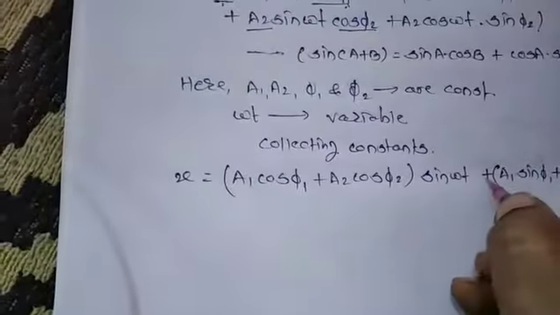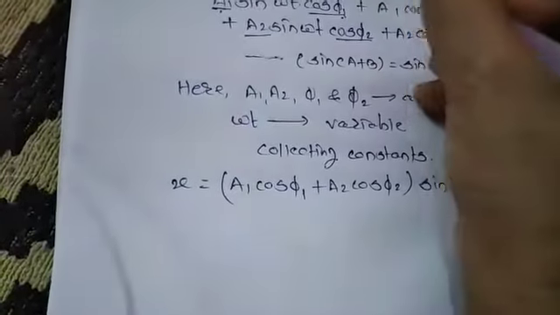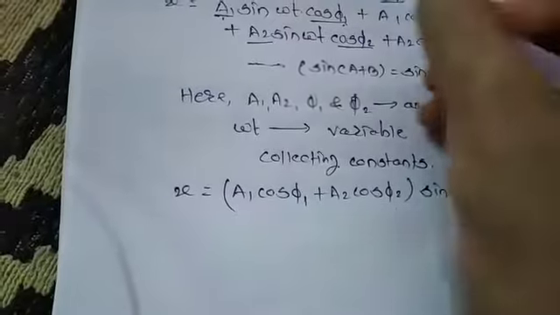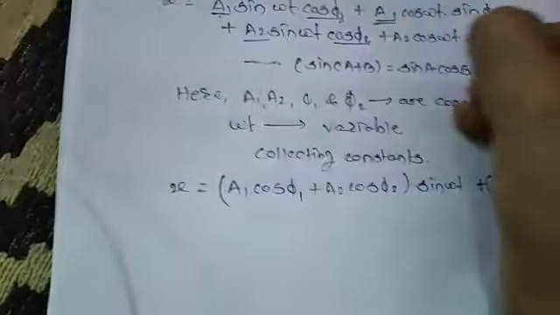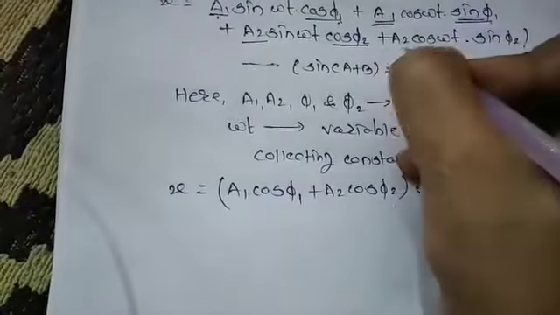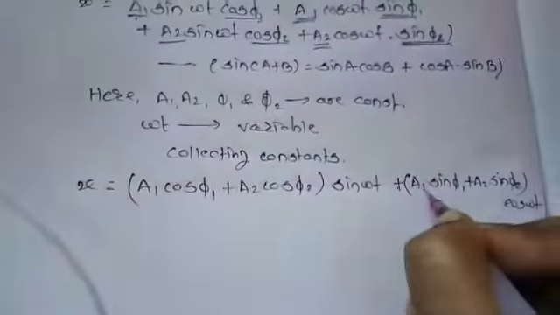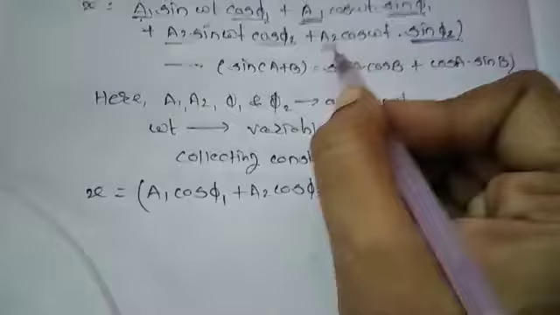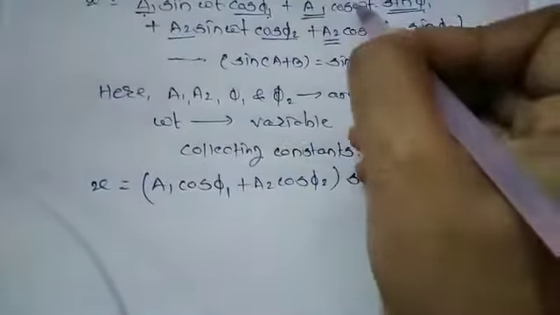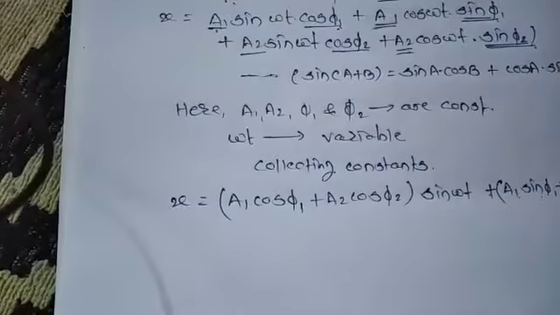Then in the next bracket we have taken A1 sine of phi1 and A2 sine of phi2, and cos of omega t is common.